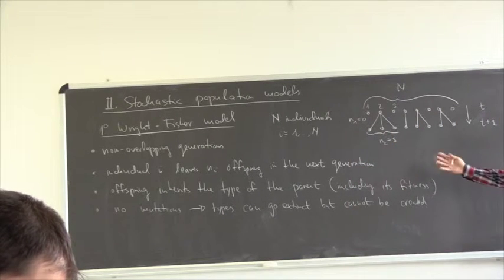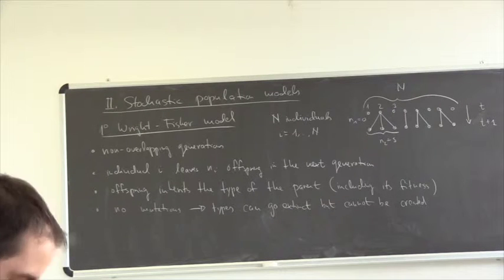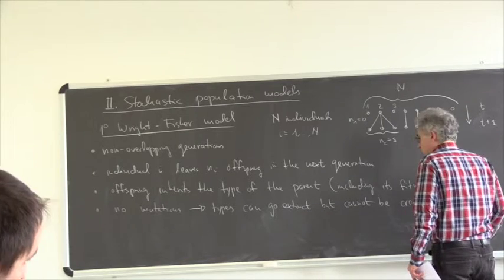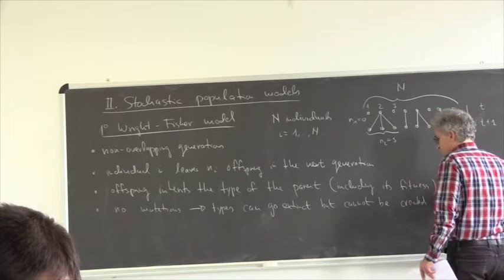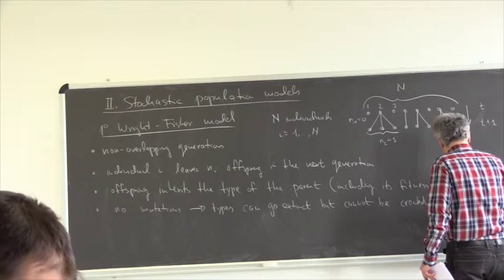And so this already tells you that the stochasticity here will have an effect of decreasing the diversity, because the number of types can only decrease. Okay, so the diversity decreases.